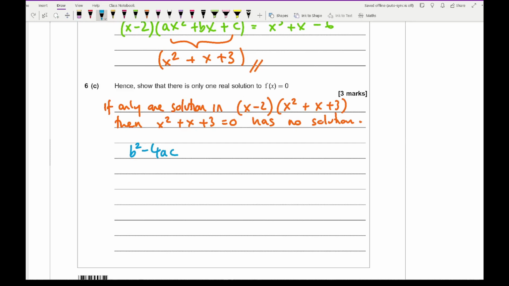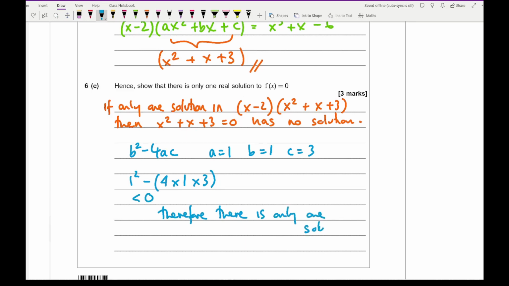From this we get a equals 1, b equals 1, and c equals 3. Substituting, we get 1 squared minus 4 times 1 times 3, and we can see that this is going to equal a number that's less than 0. So therefore there is only one solution.